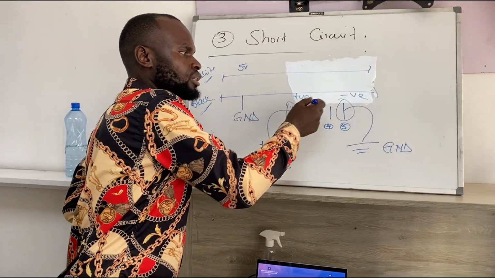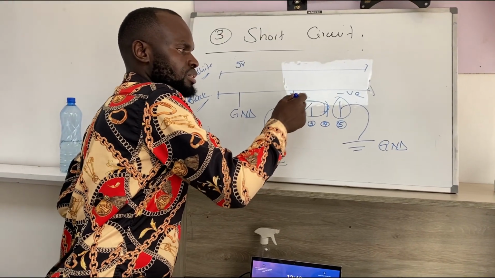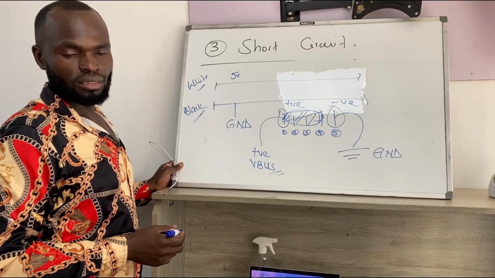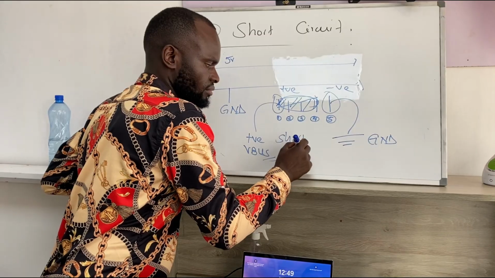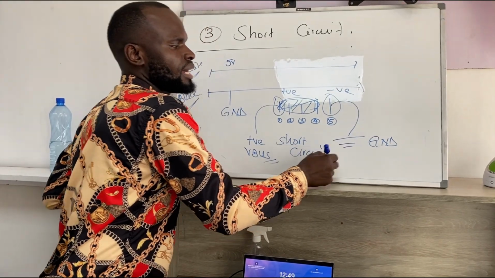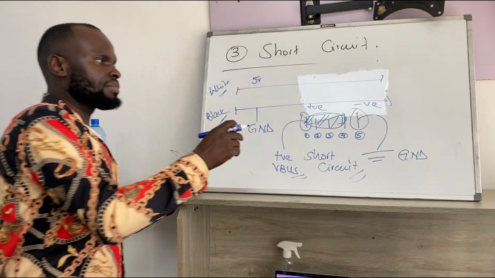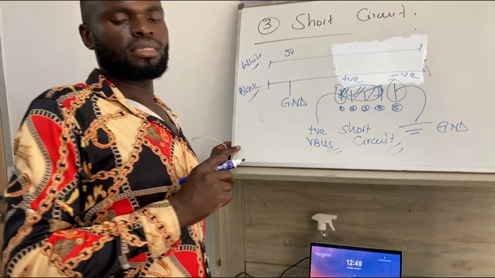So if you put a lot of tin and by bad luck it joins with this one, so this line joins to this one, it will create what we call a short circuit. And that phone cannot charge. Now this is the simplest explanation of the short circuit at the entrance of the V-bus line.